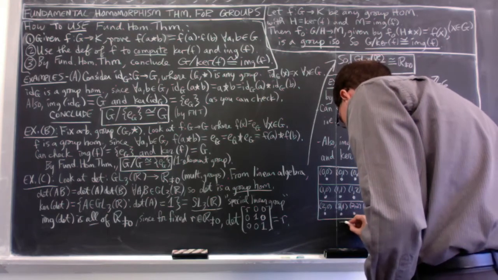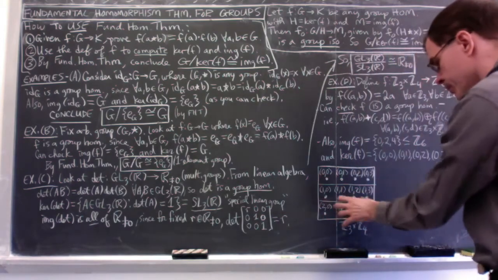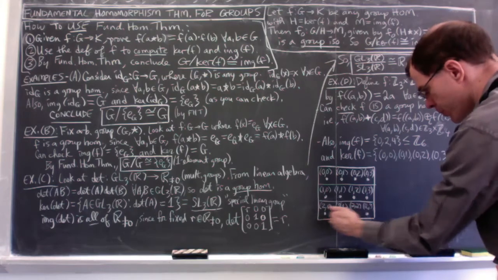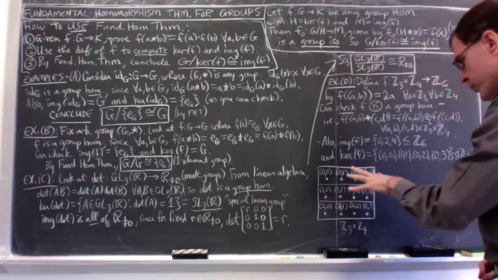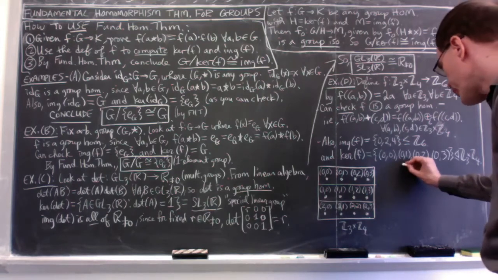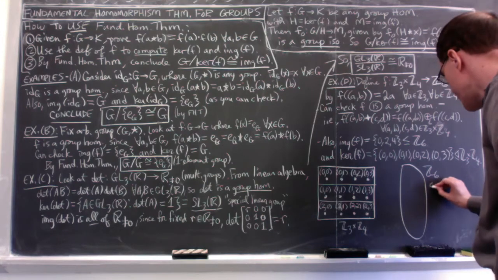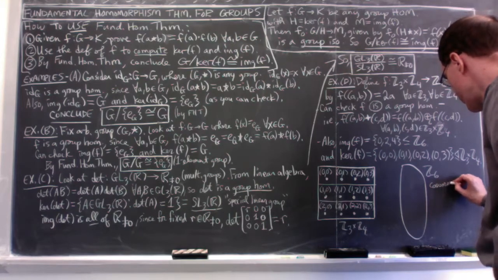So this is a picture of the domain, Z3 cross Z4. Now usually maybe the Z3 would go horizontally and Z4 would go up, but for this it's going to be nicer to draw it this way. And then over here we have the codomain, which is Z6: 0, 1, 2, 3, 4, 5.